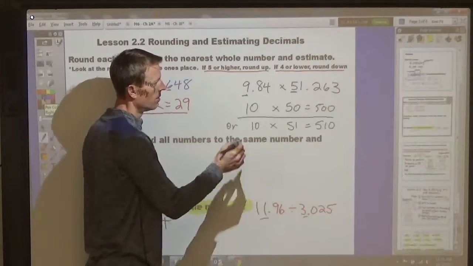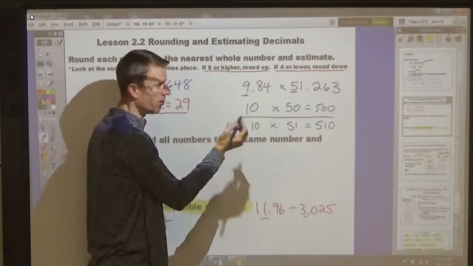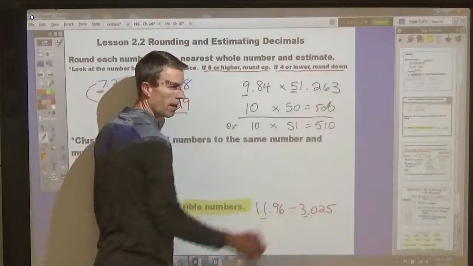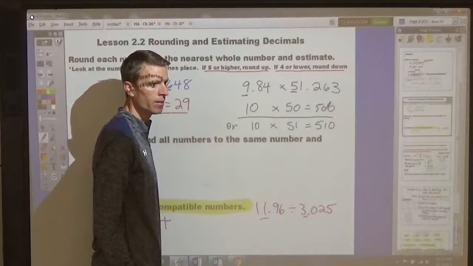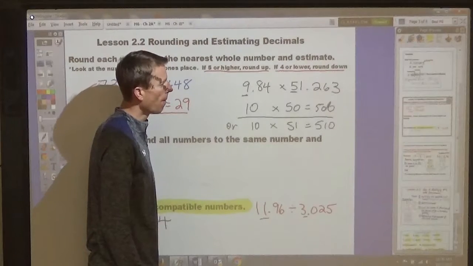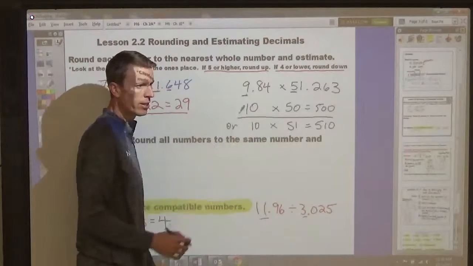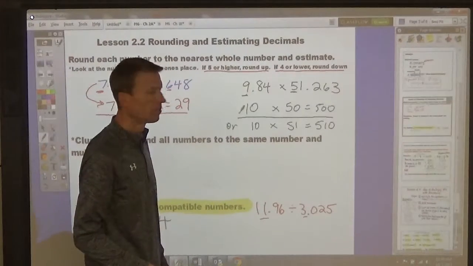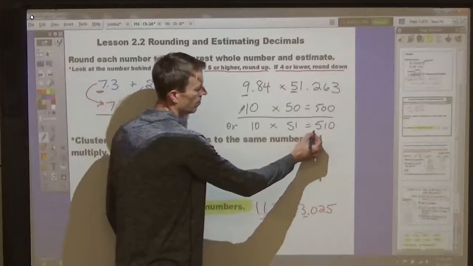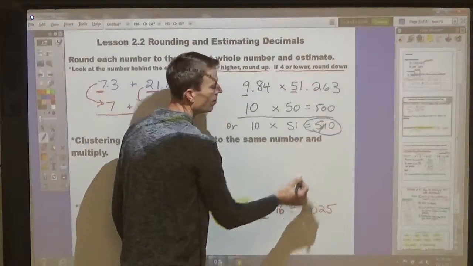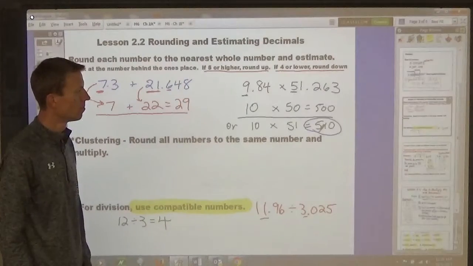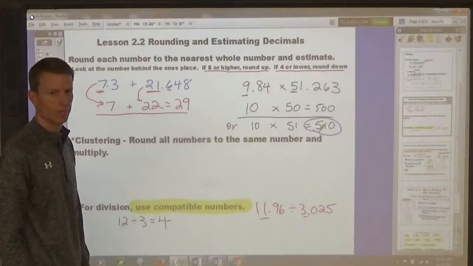Uh-huh. So that would be a good way to do it. If you did that in your head, then you'd write 9 times 51 equals 459. Okay? So make sure that you write it down, all right? Write down the calculation that you're doing. But wouldn't 10 times 51 be 510? That's right. No. Oh, 9 times 51. I thought you said 10 times 51.